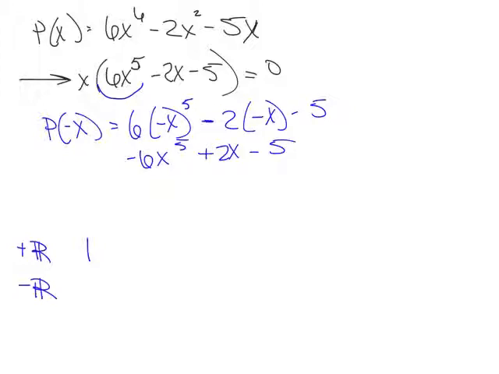Okay, so now we look at changes. I've got a change there, and I have a change there. So I have 2 changes. So I have a possibility of 2 negative real numbers, or 0, because 2 minus 2 is 0. Well, on my plus, I only have 1. I can't change that.